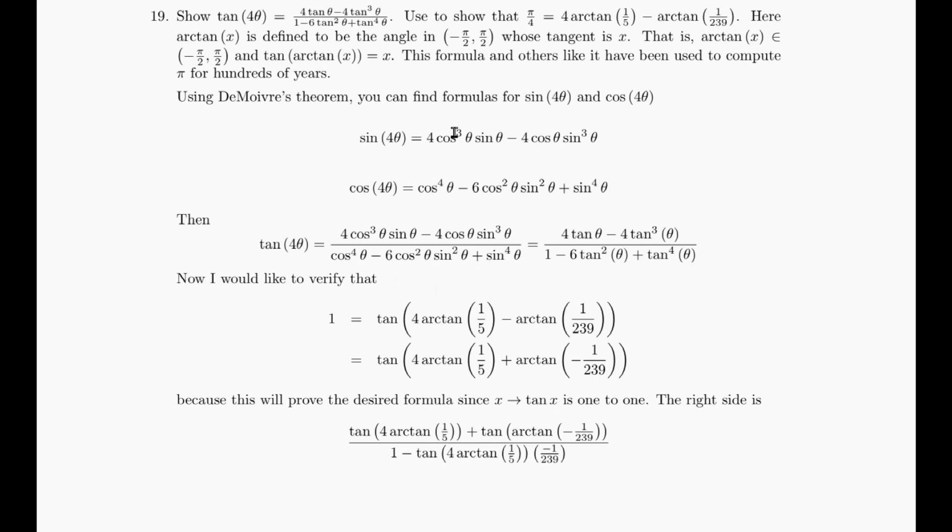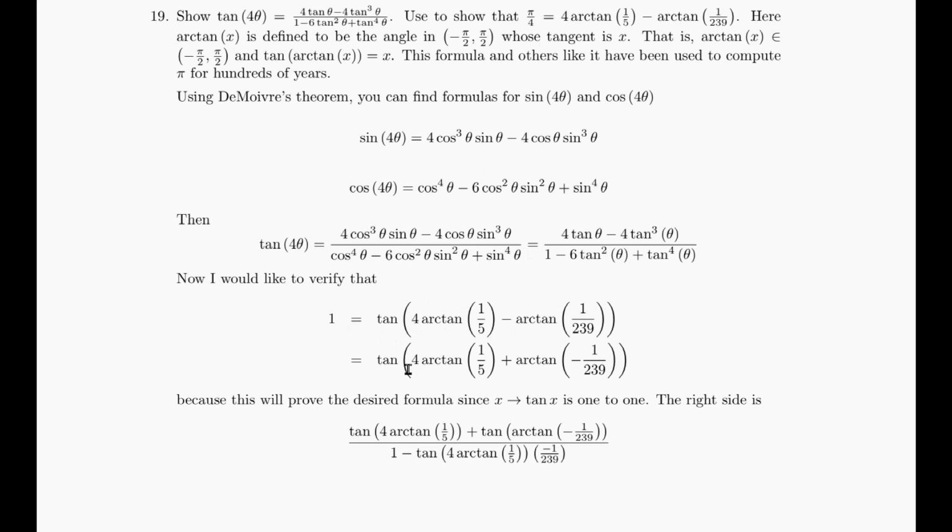Now what I want to do is verify that this is true. I will know that's true if the tangent of this is equal to the tangent of that. Well, the tangent of pi fourths, you know what that is. The sine and cosine are equal there, so the tangent of it is 1. So I'll establish this equation if I can show that 1 is equal to the tangent of all this, because the tangent is 1 to 1.